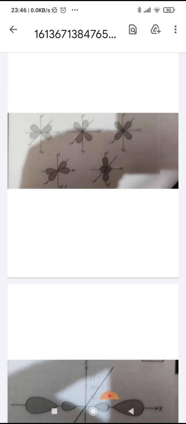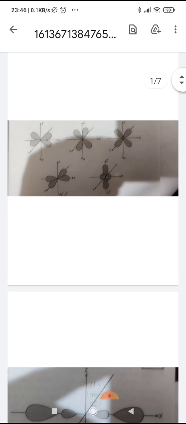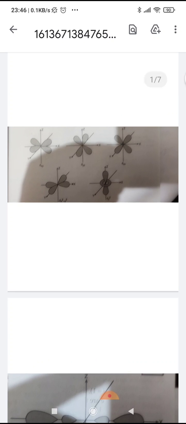The dx²-y² orbital also has 4 lobes of high electron density, along the principal axes x and y. It may be noted that this orbital is exactly like the dxy orbital, except that it is rotated 45 degrees around the z-axis.